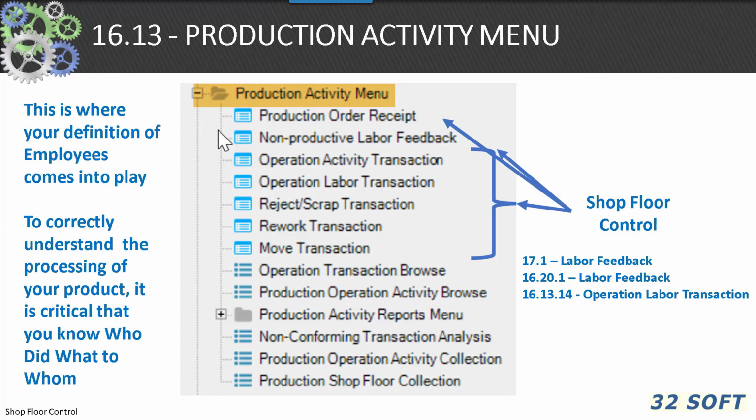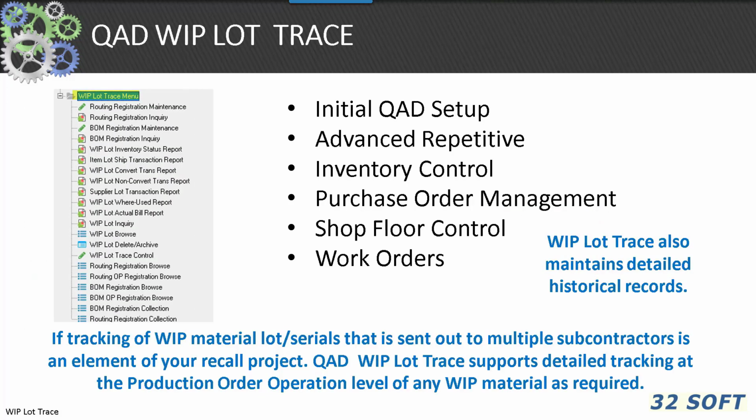The 16.13 production activity control, this is where your definition of employee comes in, as it becomes necessary to record all activity regarding production. This contains the tools which are needed to control the progression of a production order through the routing on the production order or work order to record by whom and how product was touched on its way to the customer.